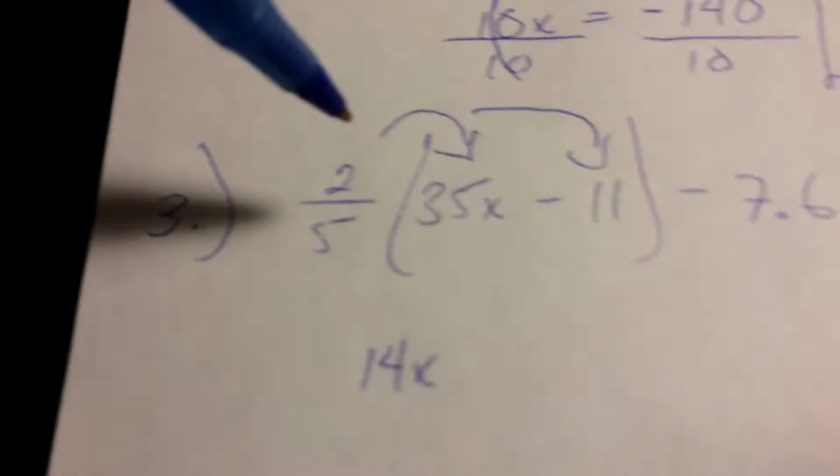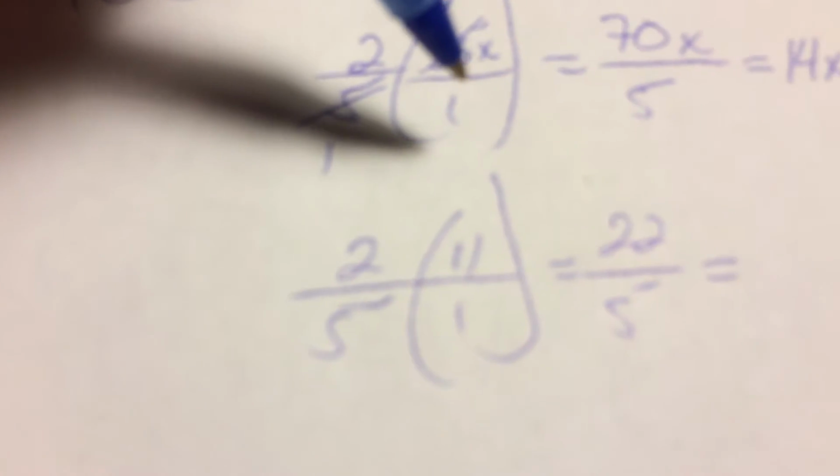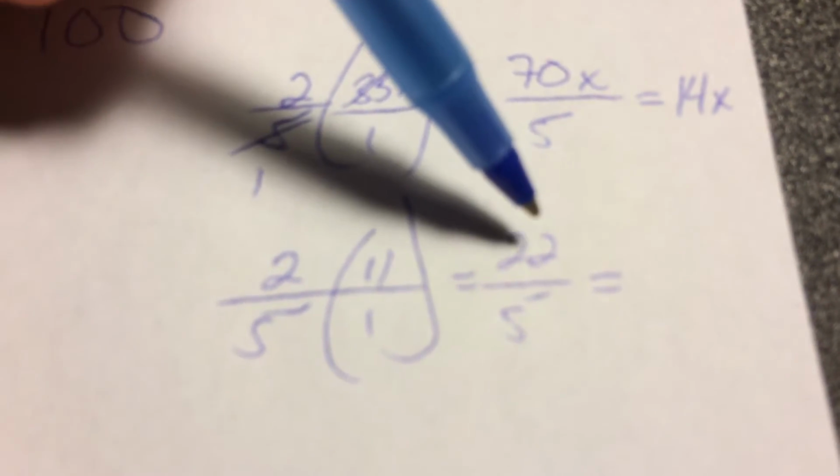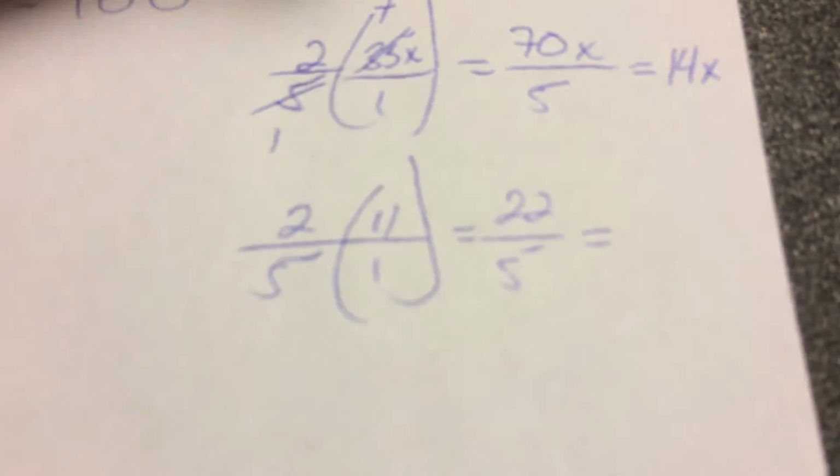So I have 2/5 times the 11, which gives me, sorry, my camera's a mess there, 22 over 5. And 22 divided by 5 is 4 and 2/5, or 4 and 4/10.